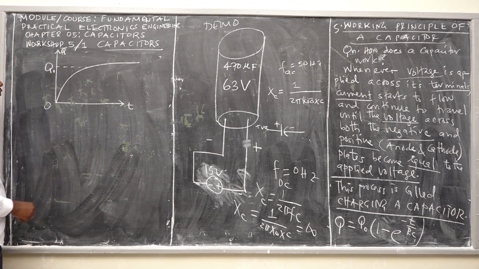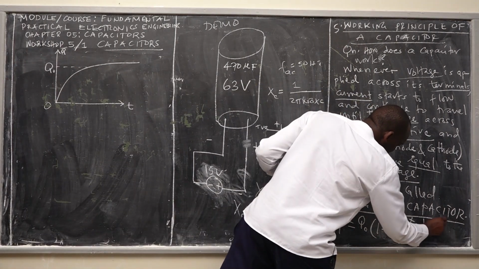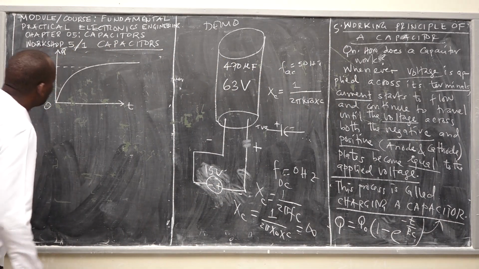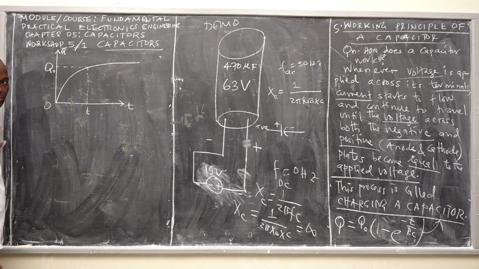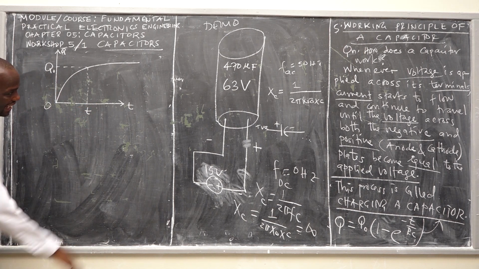So this is the graph of charging of the capacitor. This is the mathematical equation for charging the capacitor. This is the graph. This is time. Okay. Good. So then that is all.